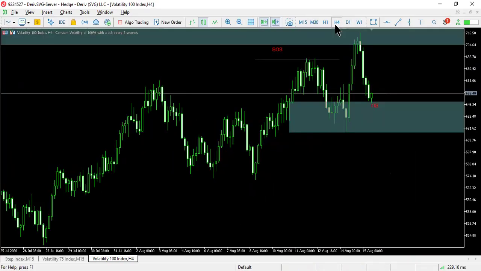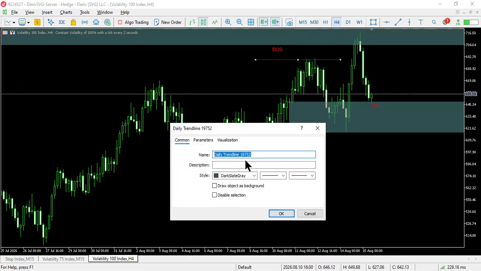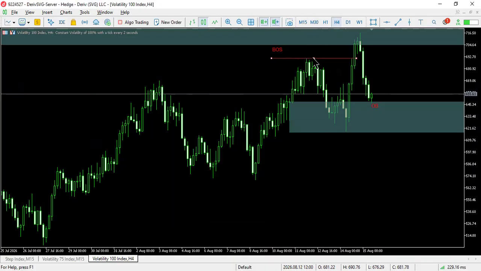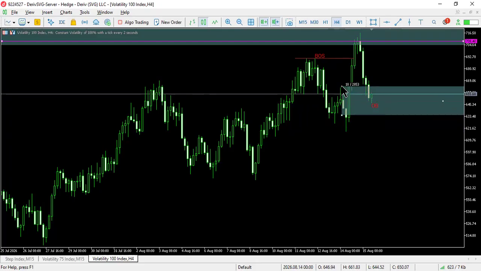Moving over to the 4 hours time frame. From the 4 hours time frame, we have that break of structure. And then price is reacting at this 4-hour order block.